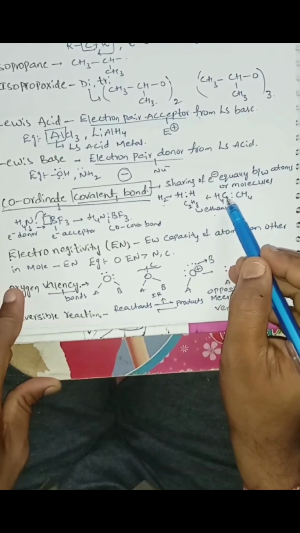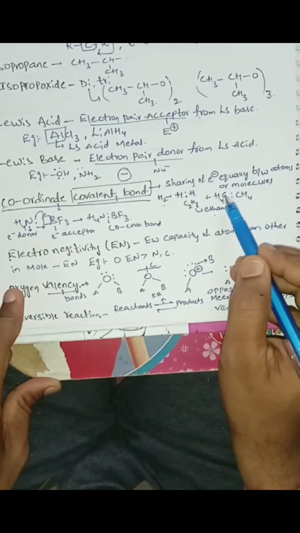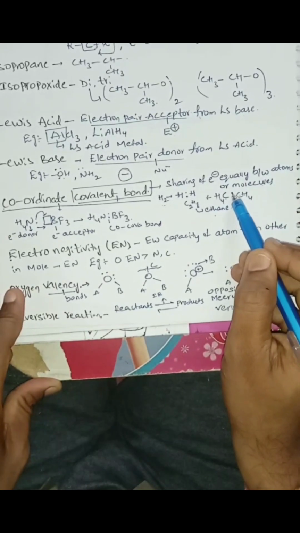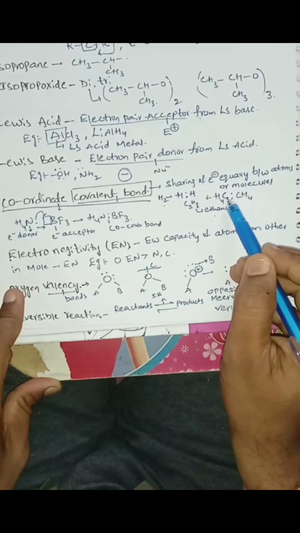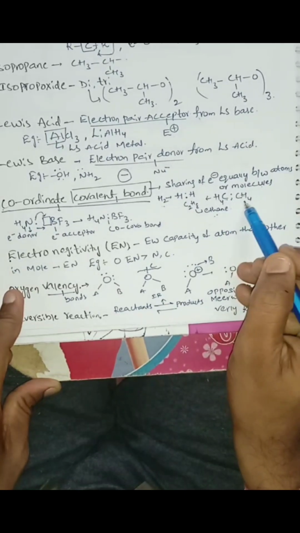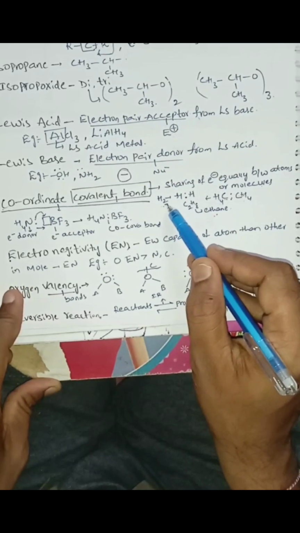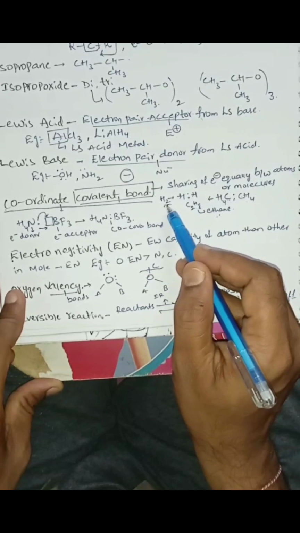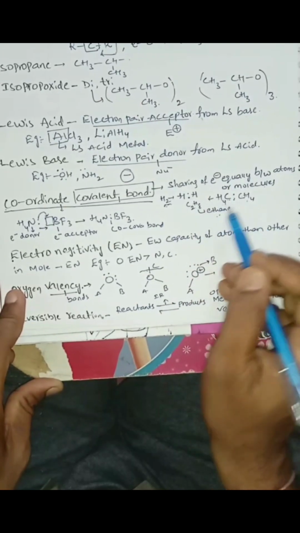In ethane, two methyl groups are present, and the two carbons share the electrons equally between the first carbon and the second carbon and form ethane. This is for atoms; this is also a molecule, a small molecule, and this is a large molecule.